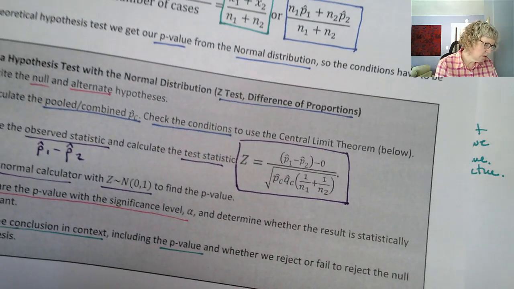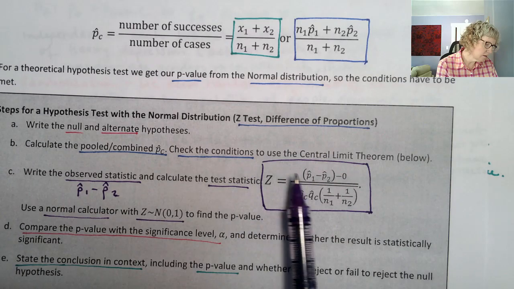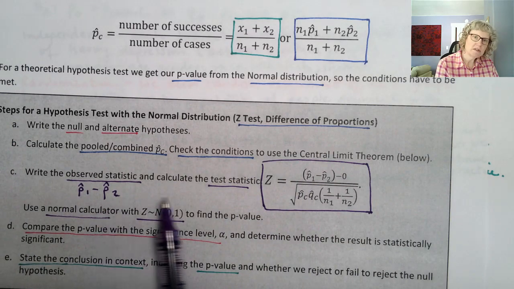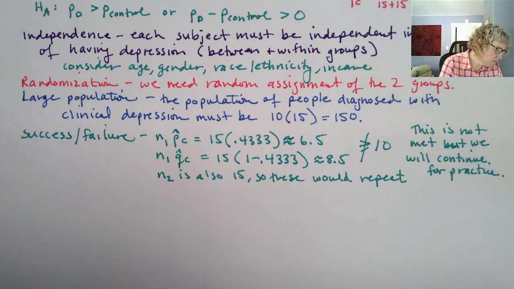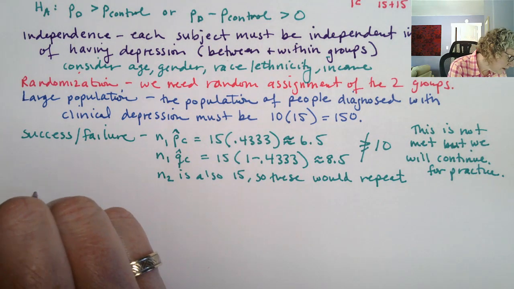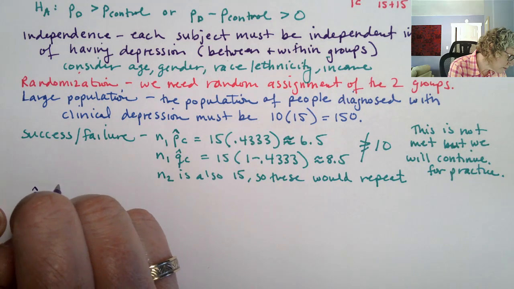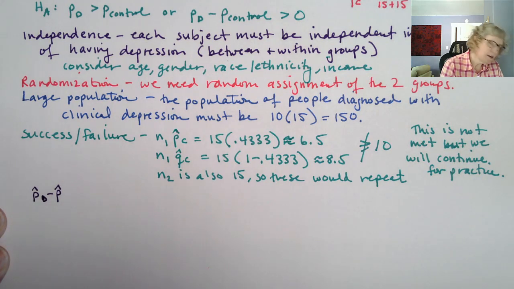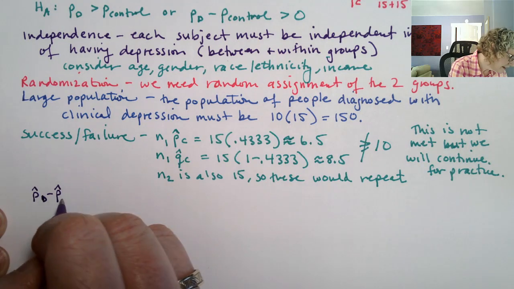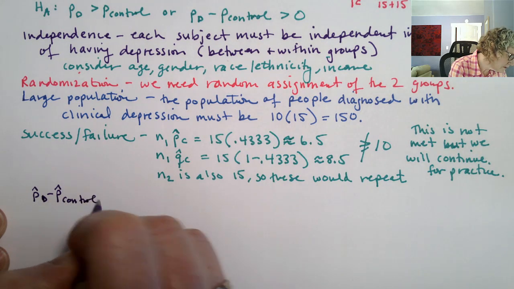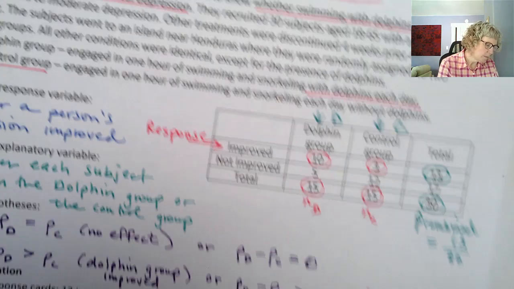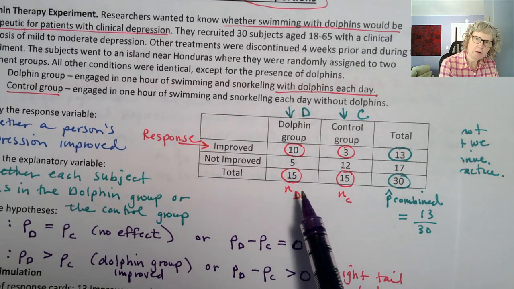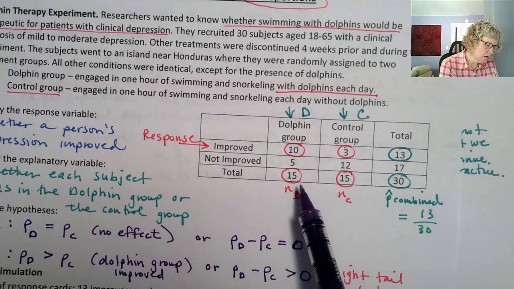We've got our conditions, the observed statistic, and the test statistic, right? So our p hat 1 minus p hat, D for dolphins and control. Gotta switch over. That is our 10 out of 15.